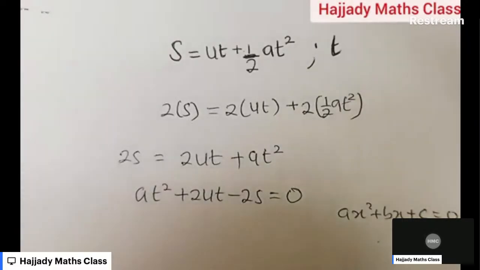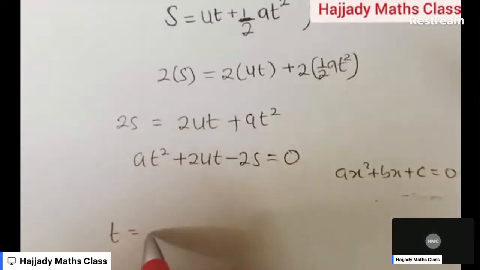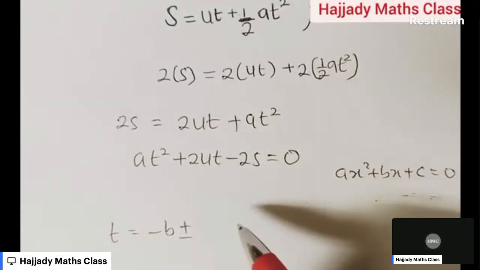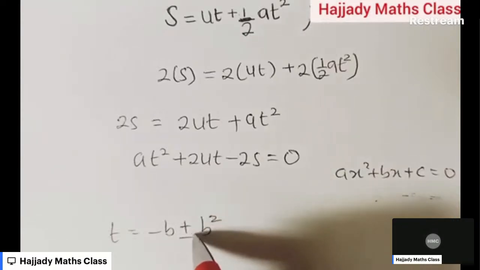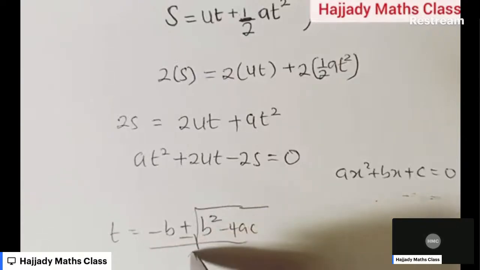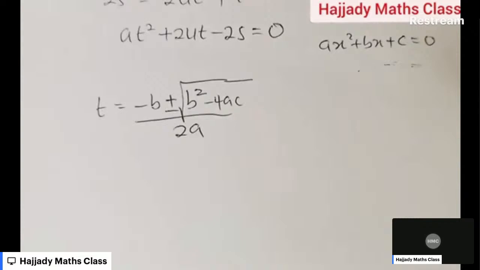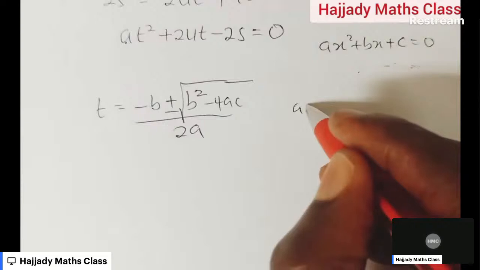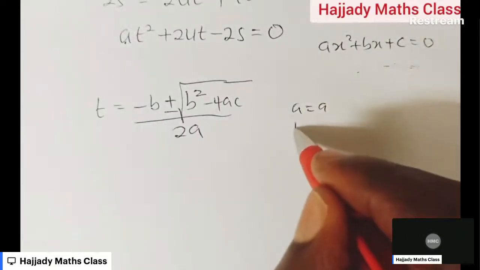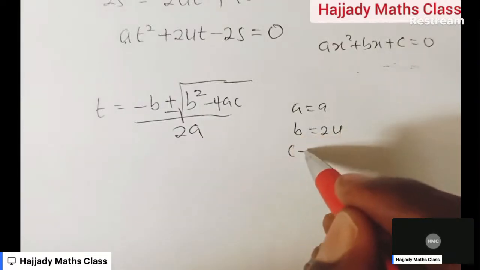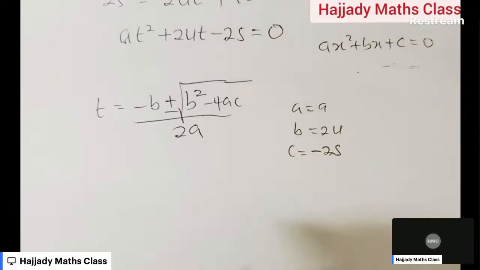Using the quadratic formula approach, the formula is t equals minus b plus or minus the square root of b squared minus 4ac, everything over 2a. So here, our a remains a, our b equals 2u, which is the coefficient of t, and c is minus 2s, which is the constant term.